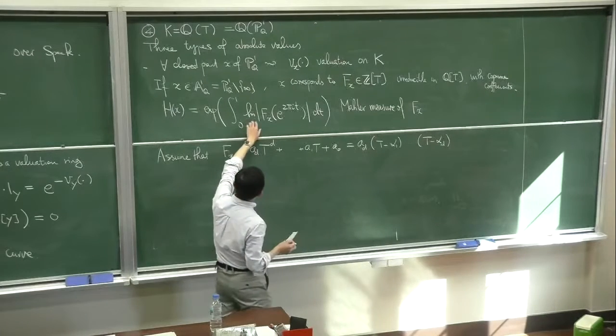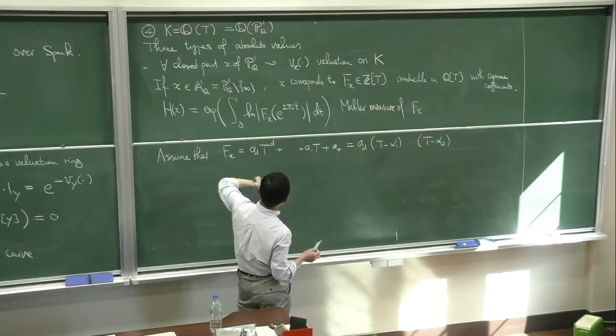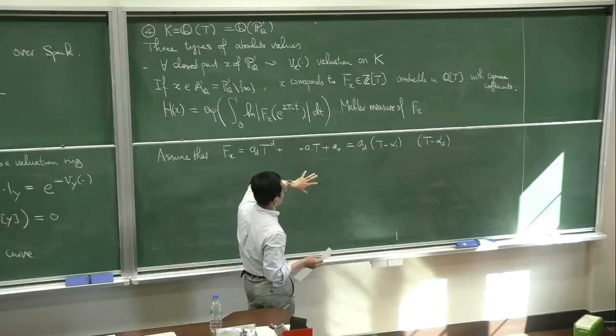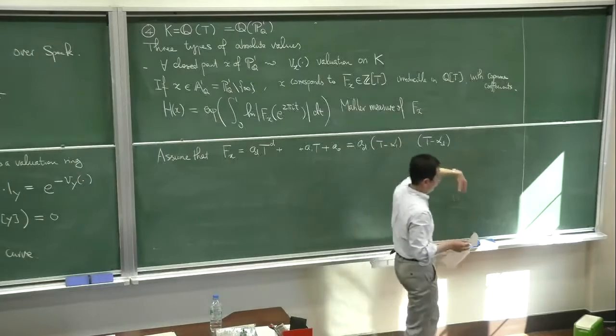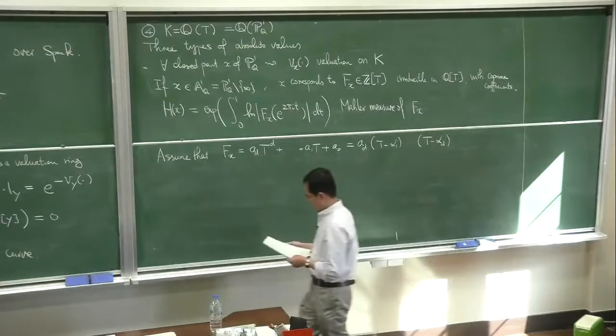And then we are integrating this function around a unit circle, and some roots remain inside the circle, some are outside the circle.